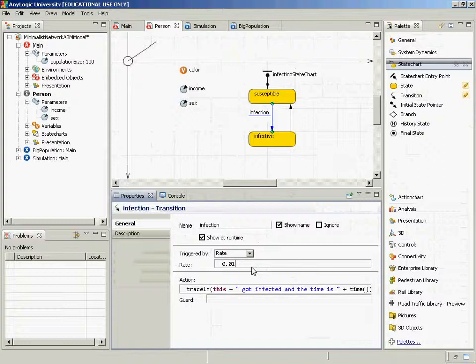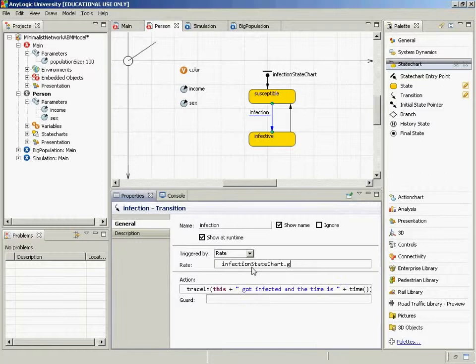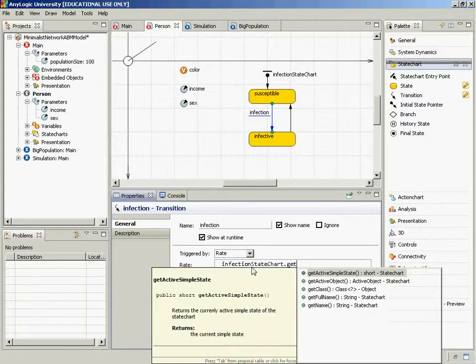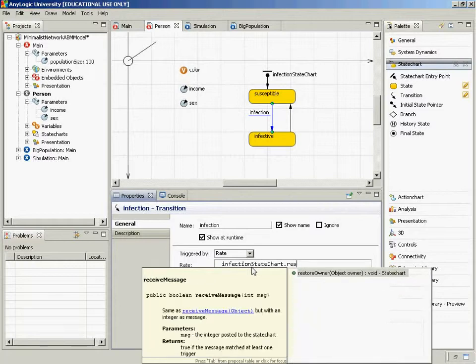And then we could have the rate depend on their age, right? The older they are, the higher the chance to get infective. Now, if we were to do this, however, it turns out that AnyLogic coming to the susceptible state sort of pre-schedules at what time to do this, kind of waking it up and saying, hey, go figure out again how quickly you're going to leave.